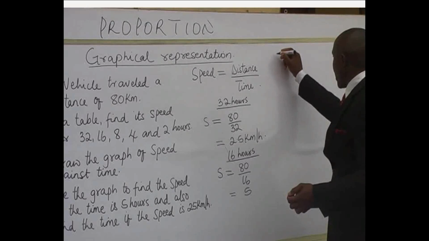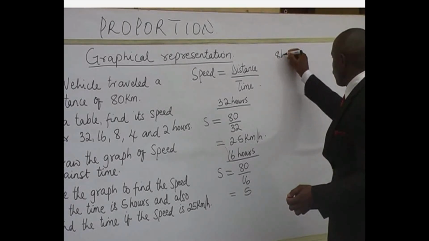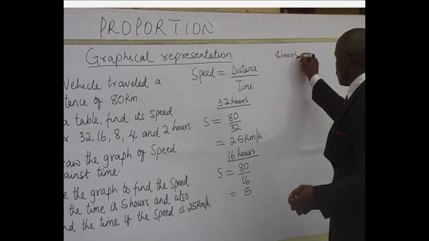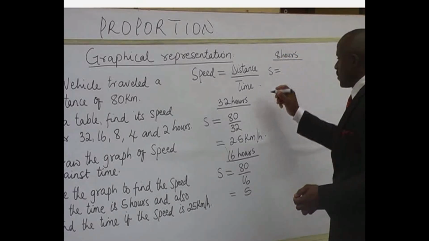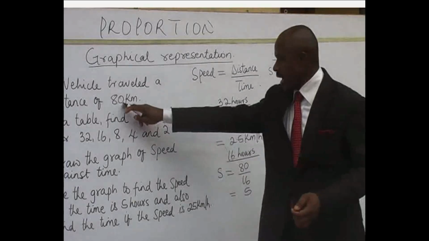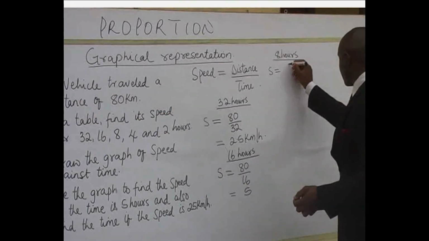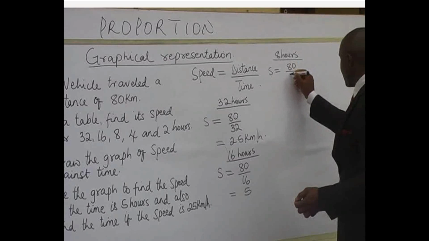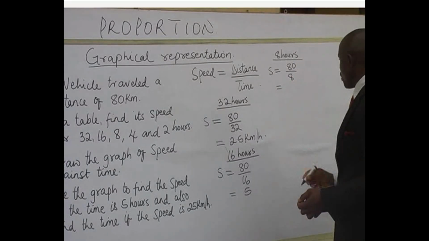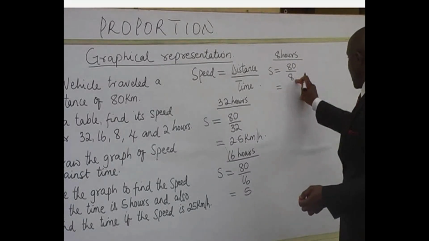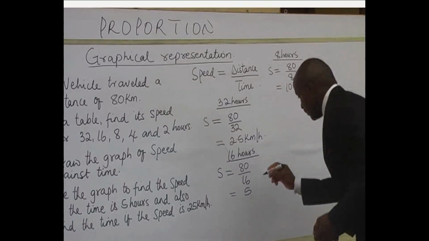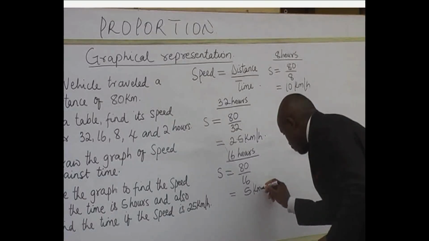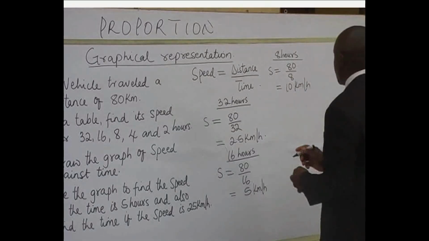So for time 8 hours, S is equal to 80 kilometers, which is the distance, divided by 8. This one we don't need a calculator. 80 divided by 8 will give you 10 kilometers per hour. This is kilometers per hour because it is speed.